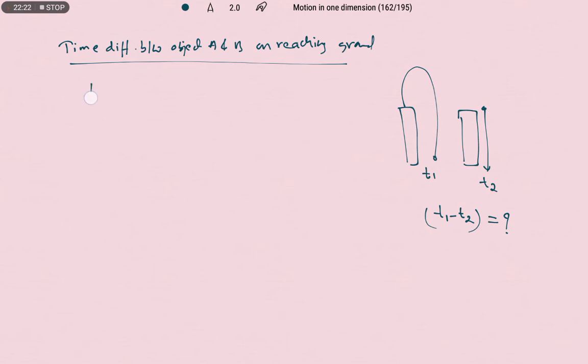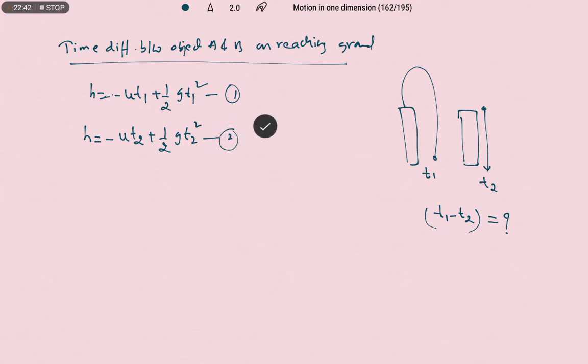Right, what is the first expression we have? h is equal to minus u t1 plus half g t1 square, equation number 1, and h is equal to minus u t2 plus half g t2 square, equation number 2. Okay, let us equate these two.